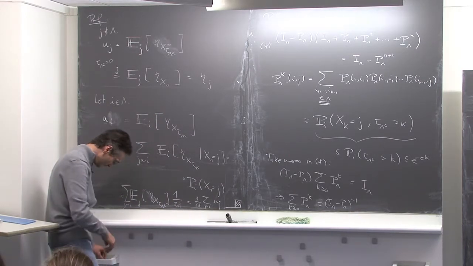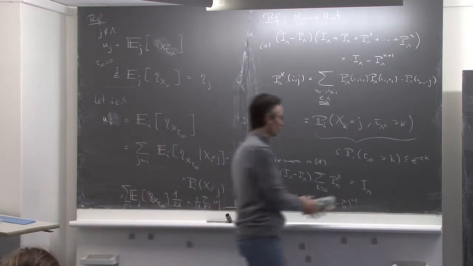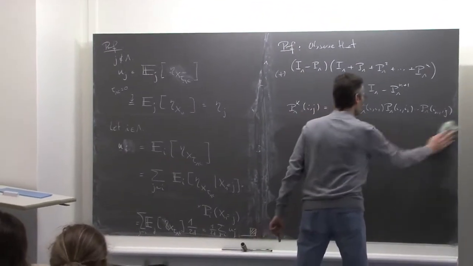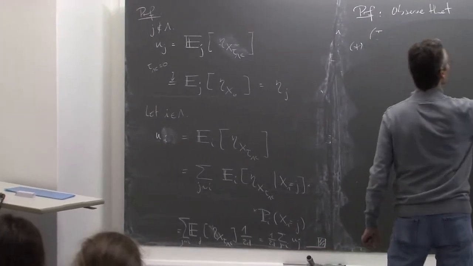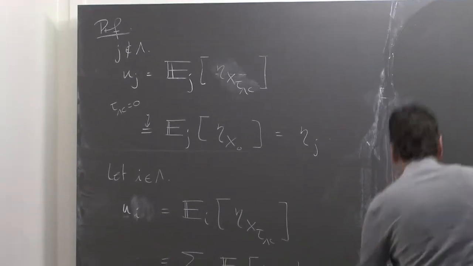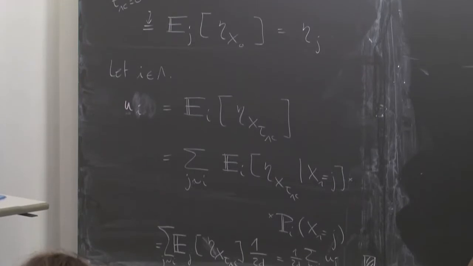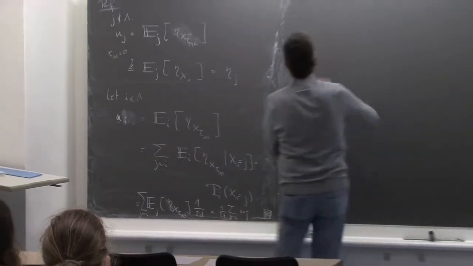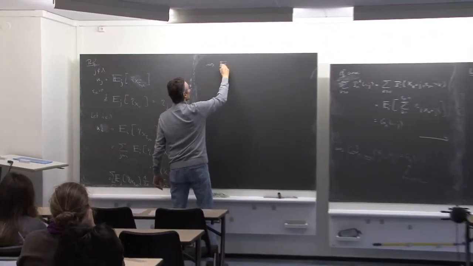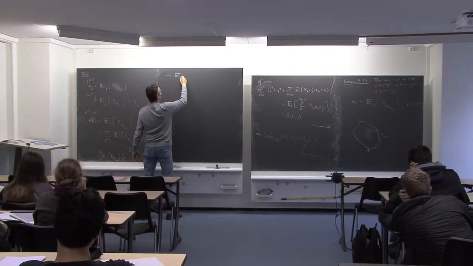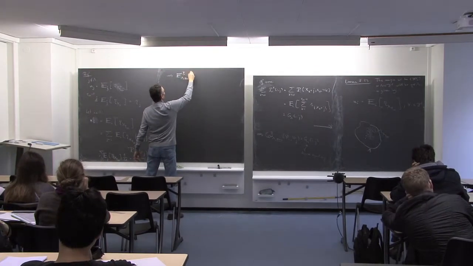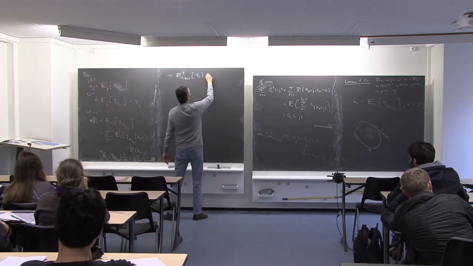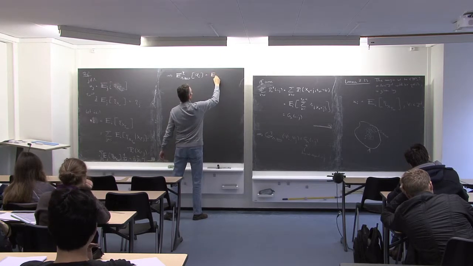So this proves the formula for the mean. We have now completely characterized our Gaussian process. We know its covariance matrix, we know its mean. So this shows that the expected value of phi i, say for some i in lambda, is given by E_i, the expected value for the random walk started at i of eta of x tau lambda c.